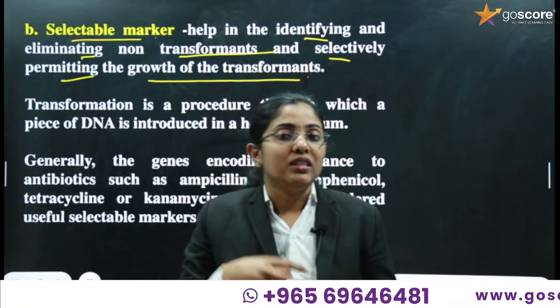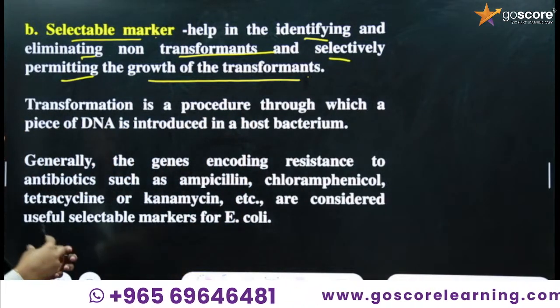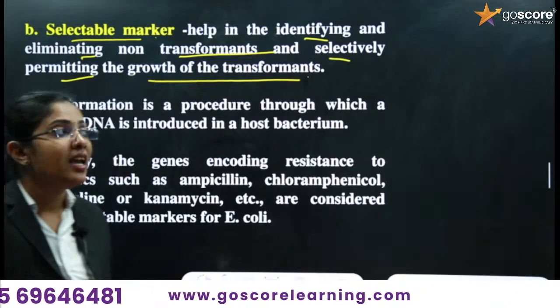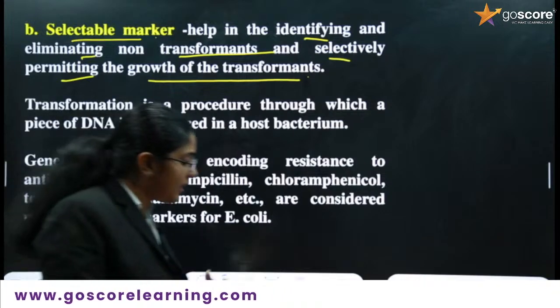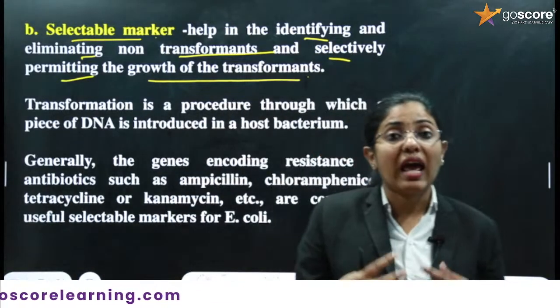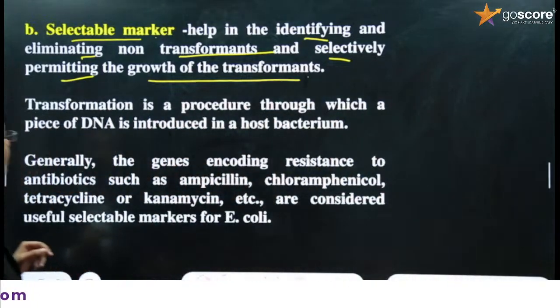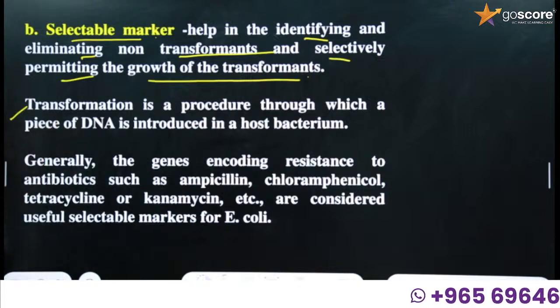So selectable markers identify the transformants and the non-transformants clearly, and help to selectively permit the growth of the transformants. Then, transformation is a procedure through which a piece of DNA is introduced into a host bacterium.